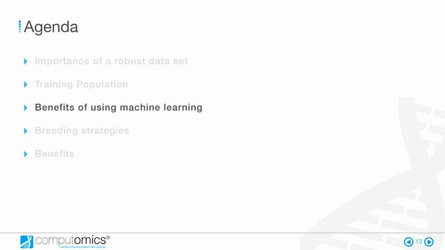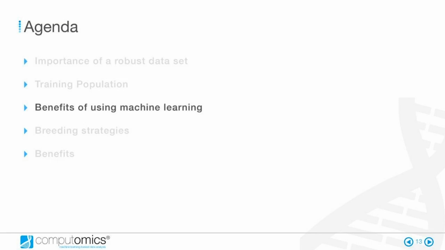So, why do we use machine learning for genomic prediction? We were approached by breeders who weren't satisfied with the results and insights they got from classical statistical models like RR-BLUP, G-BLUP, or other flavors.